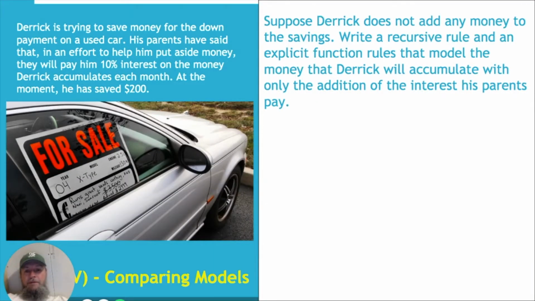All right, so let's explore this in a little more detail. He's trying to save the money. It's going to pay him 10% every month on the money he accumulates, and he only has $200. If he doesn't add any money to the savings, we're going to write a recursive rule and an explicit function that models the money that Derek will accumulate with only the addition of the interest from his parents.